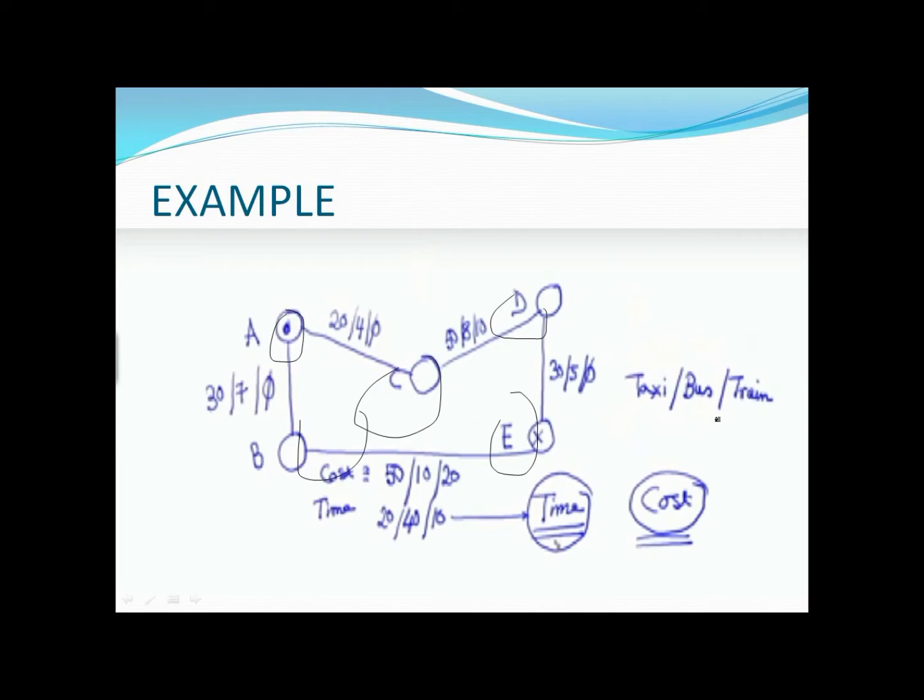For example, if you want to travel from city A to B, there are two ways. You can go directly from A to B, or you can travel A to C, then C to D, then D to E and E to B. If you want to calculate the cheapest way to travel from A to B, that would be via bus, because the bus takes only 7 rupees.